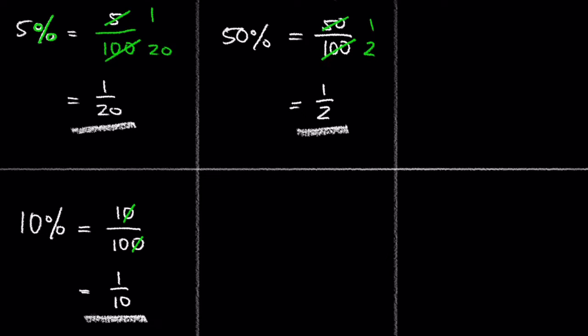Cancelling out the 50 means to divide 50 by 50, which is 1. And dividing 100 by 50, which is 2.